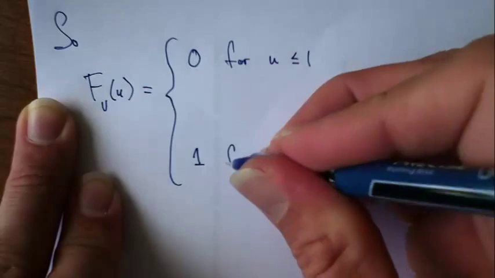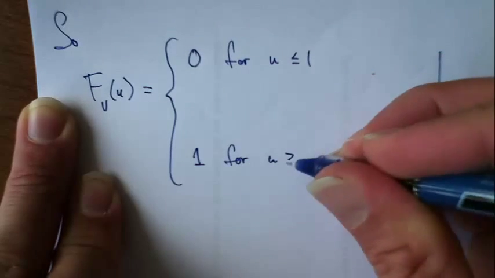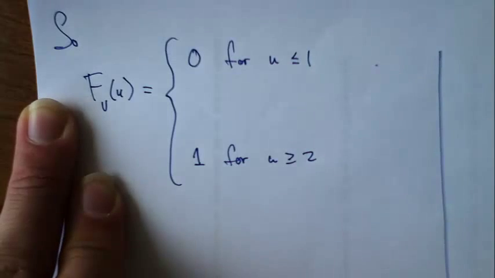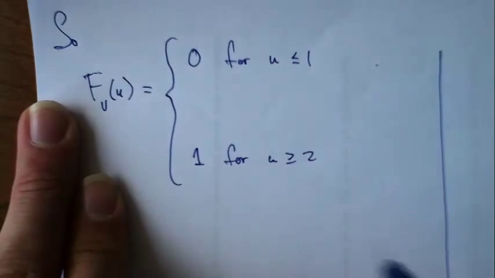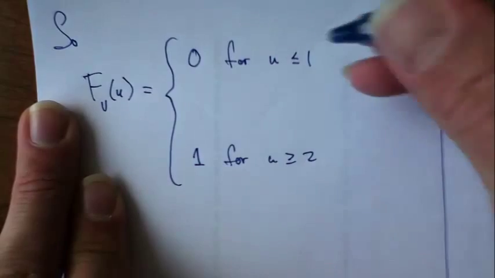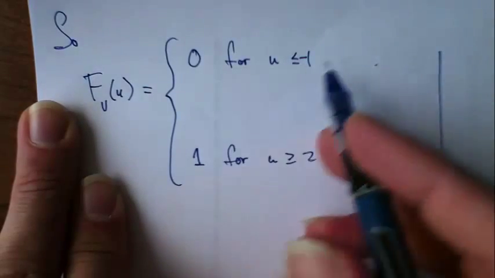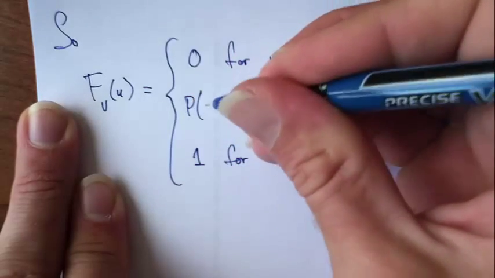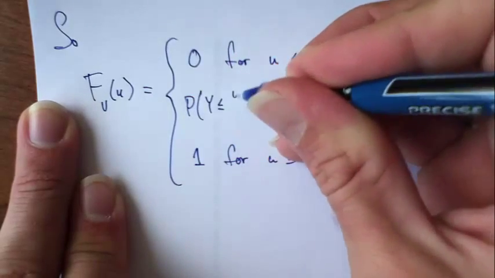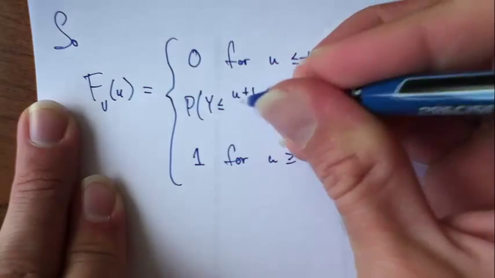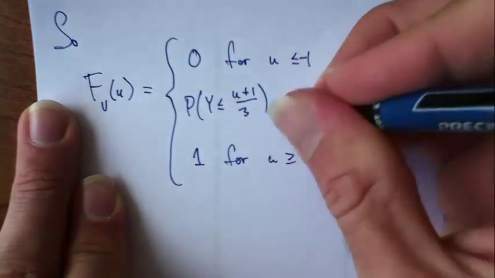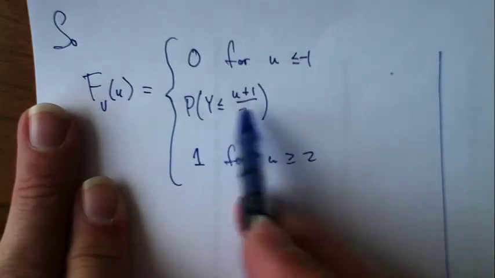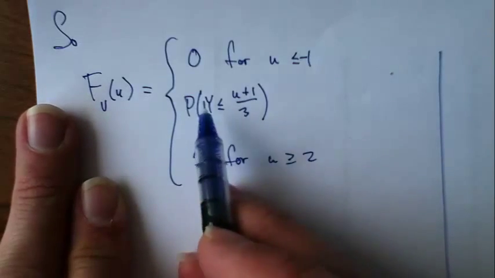It'll be 1 for u greater than or equal to 2. And then for u in between -1 and 2, it's going to be the same as the probability of y being less or equal to u plus 1 over 3. So I've got the CDF of u expressed as a probability statement about the random variable y.